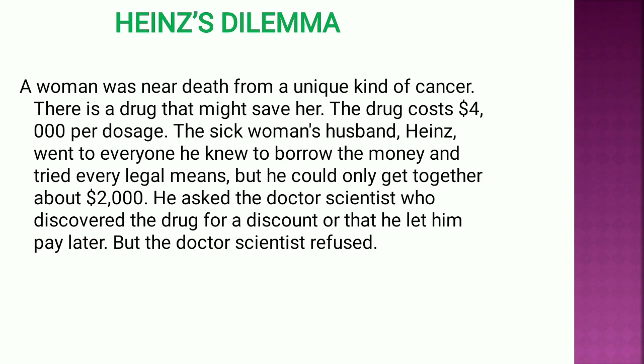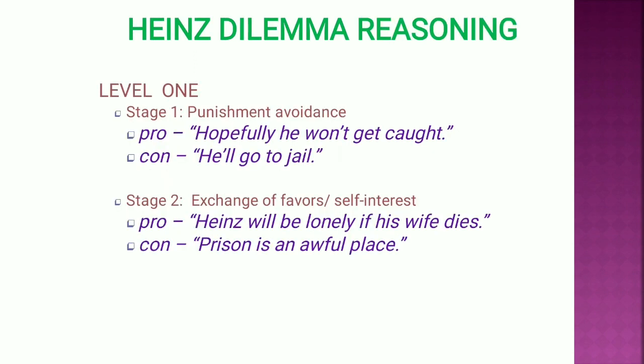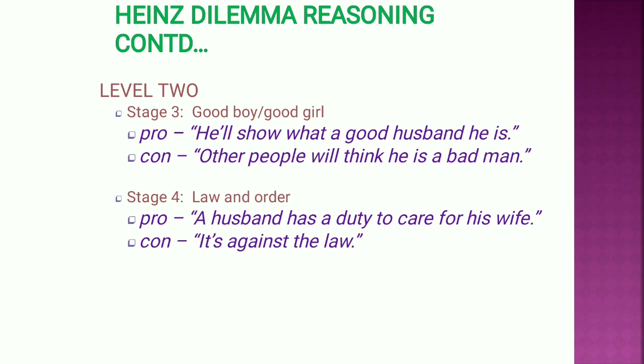Con: he will go to jail if he gets caught. Stage 2 is exchange of favors or self-interest. He will be lonely if his wife dies, but prison is an awful place too. These are stage 1 and stage 2.